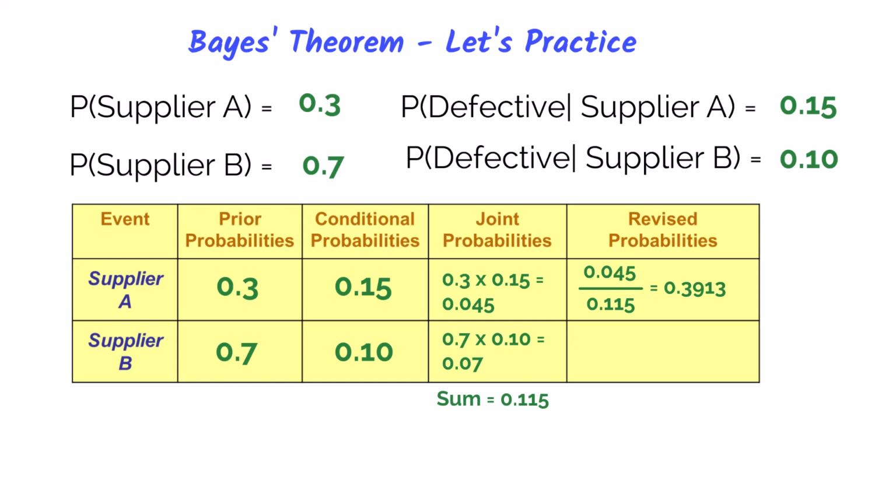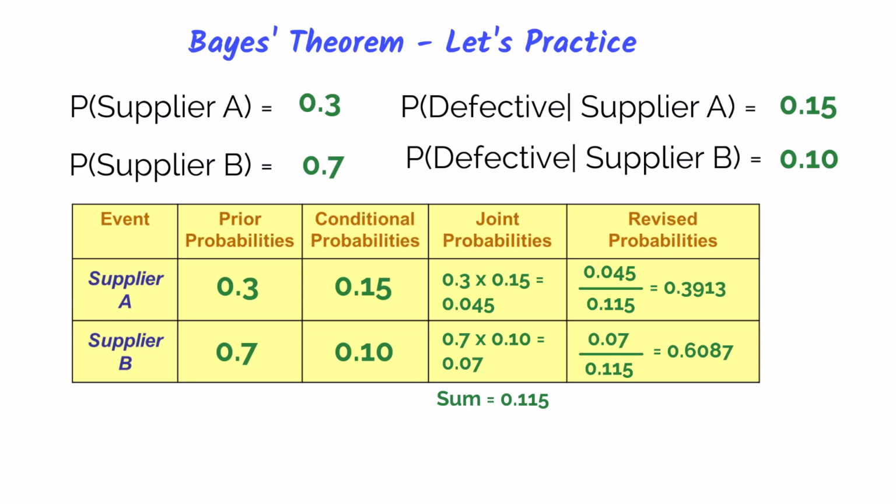And that gives me a revised probability of 0.3913 for supplier A. We'll do the same thing for supplier B. We'll take the joint probability of 0.07 and we're going to divide it by our total joint probabilities of 0.115. When I divide these two numbers, I get a revised probability for supplier B of 0.6087.